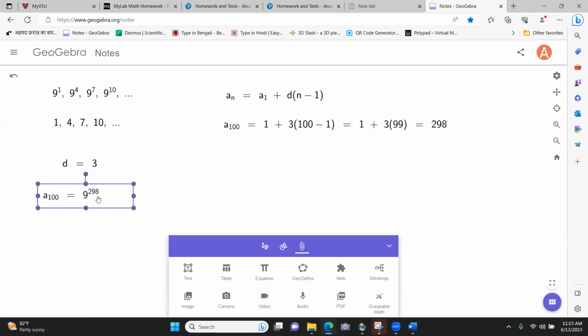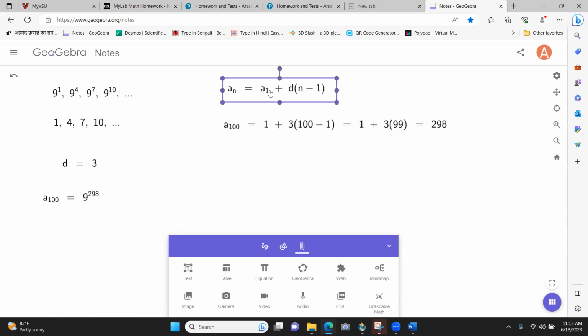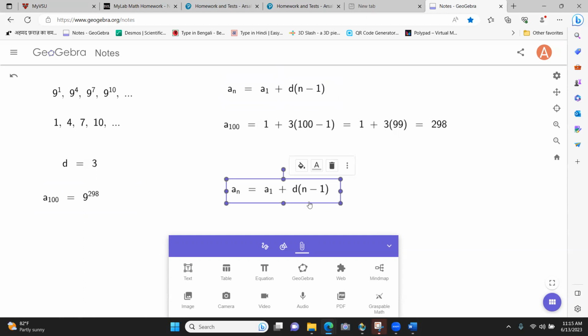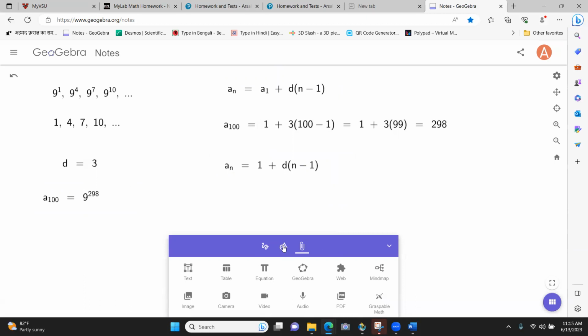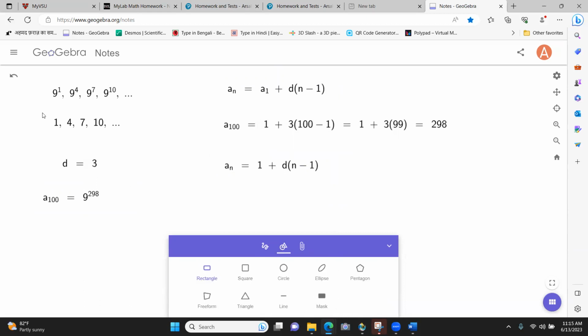All right, so I got the 100th term. For the nth term, I'm going to take the same formula and replace the first term with 1, because I am talking about this sequence.